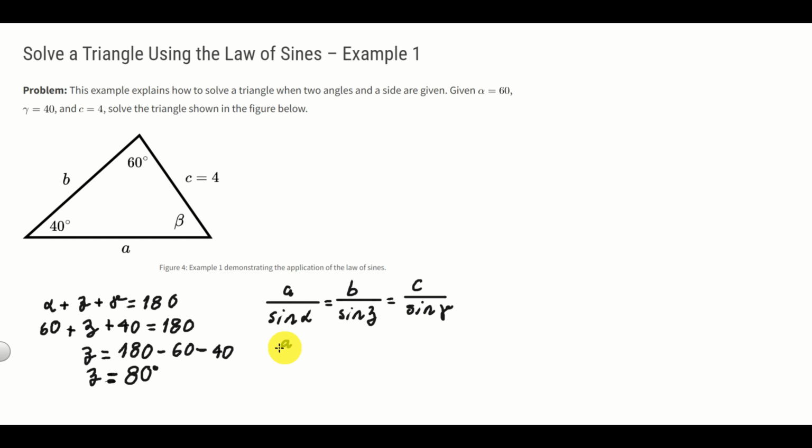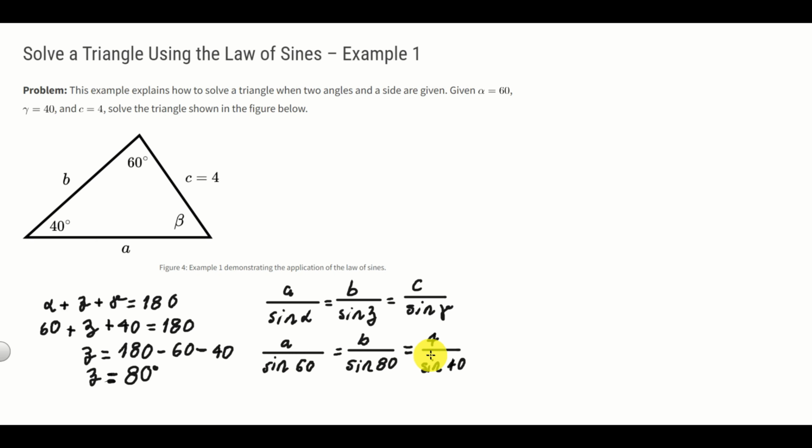We have A over sine 60 is equal to B over sine 80, since beta is also given over here as we calculated, and this is equal to C, which is given as 4, over sine 40, since gamma is equal to 40.